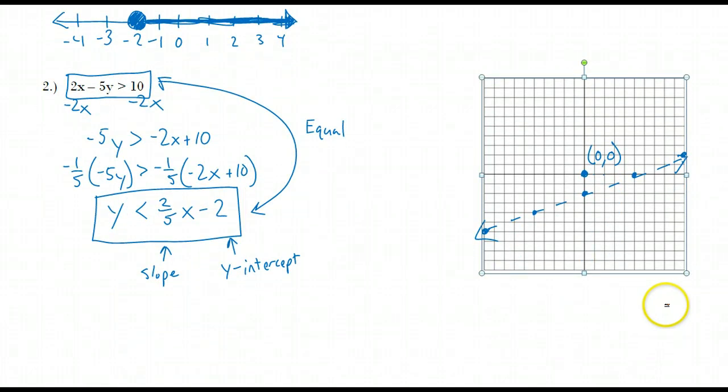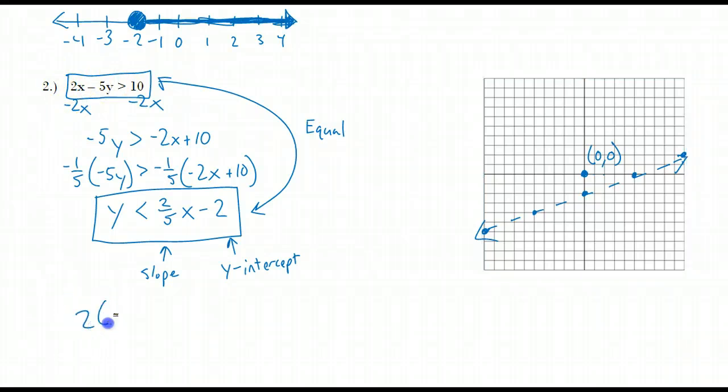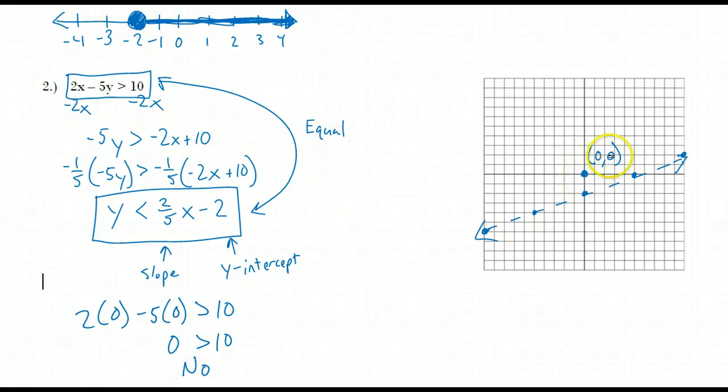I'm going to take 0, 0 and plug it in right here. 2 times 0 minus 5 times 0 has to be greater than 10. 0 minus 0 is 0, is 0 greater than 10? Is 0 greater than 10? And the answer is no. So the point 0, 0 is not a solution to this inequality.